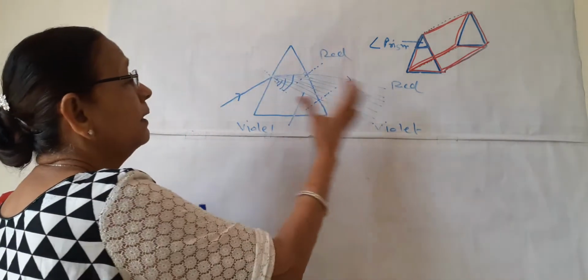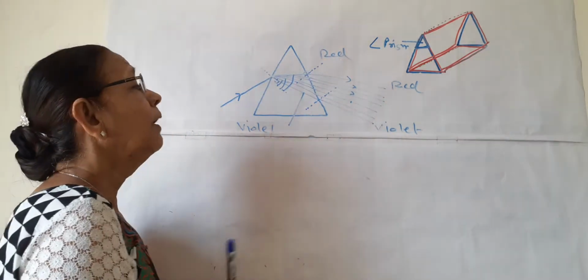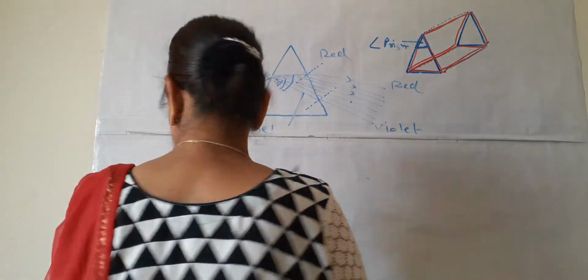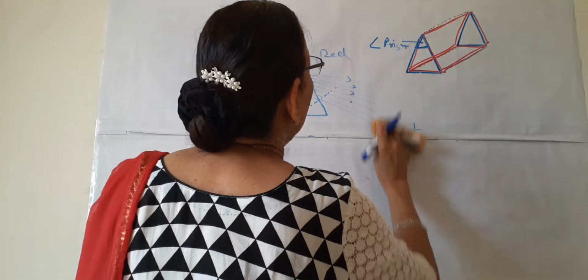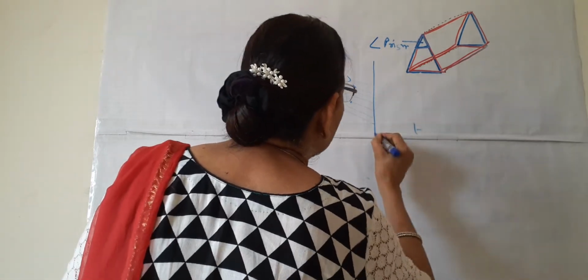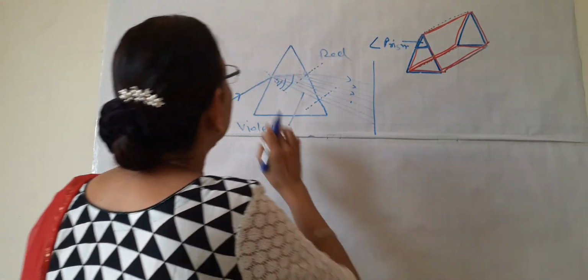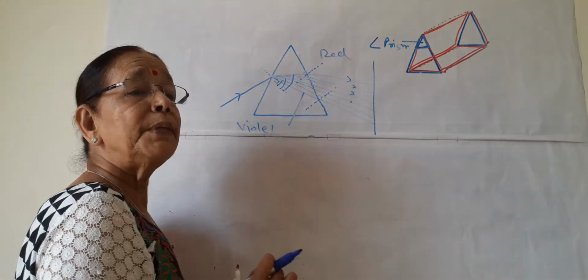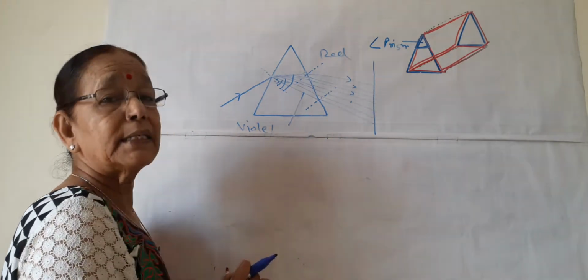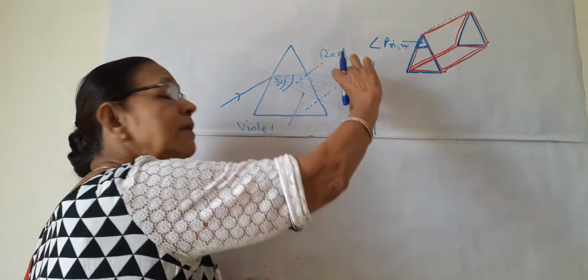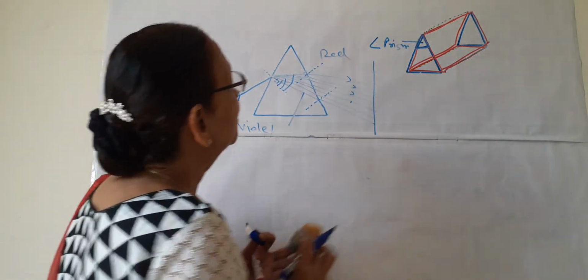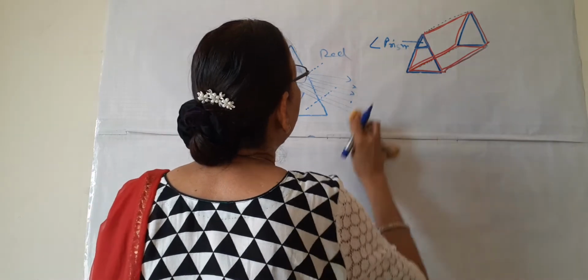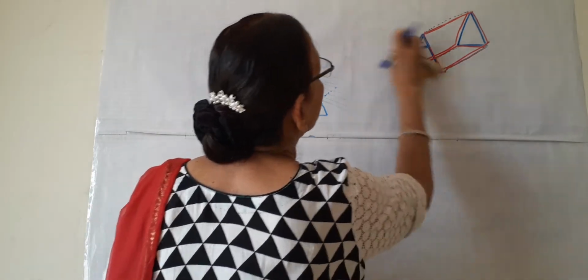So this is the dispersion of white light, and we can do it in the lab. If we place a screen here, the 7 colors can be seen on this screen, and this is known as the spectrum of white light. This was first seen by Newton.